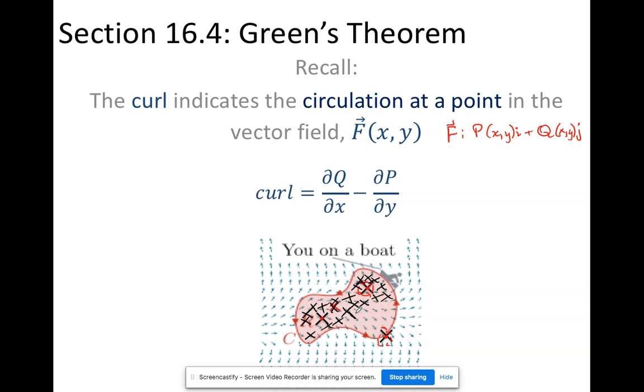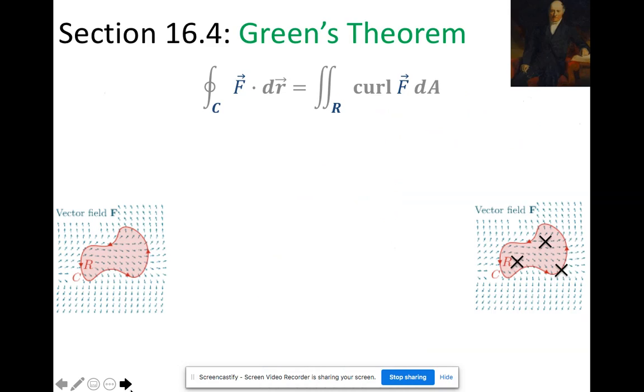What Green proved is that if you did that infinitely, all along and even on the boundary, and you summed up those curls over the area, each one of those little rotations, their inside boundaries would cancel out, and you would be left with the rotation around the boundary. That's pretty deep. Ha, pun intended, deep with the water, get it?